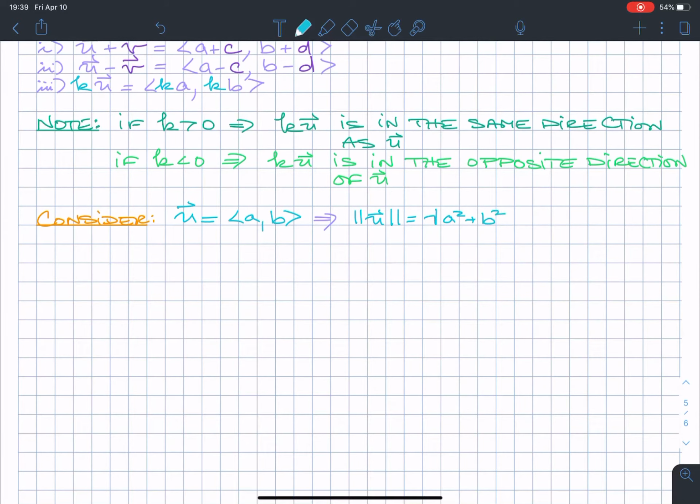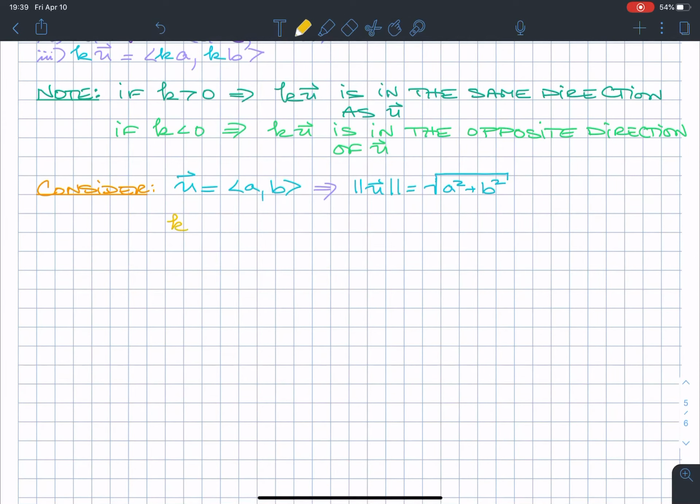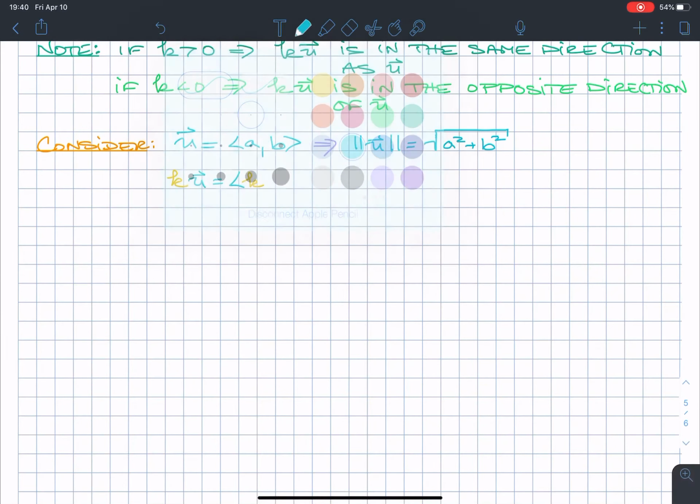That's the Pythagorean theorem. Let's say now we have k times vector u. Well, according to the above, that's k times component a, comma k times component b.